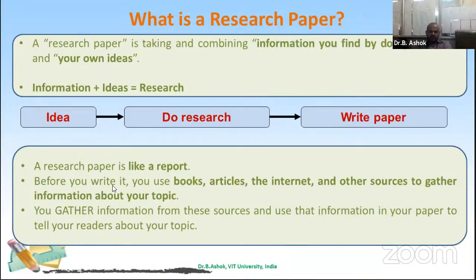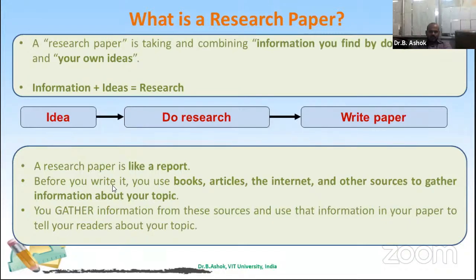So ultimately a research paper is like a report, not like a general report, like a BTech thesis report or any project report. But of course, it should have certain protocols, and a certain frame, or you can say certain structure we need to follow while writing the research paper.